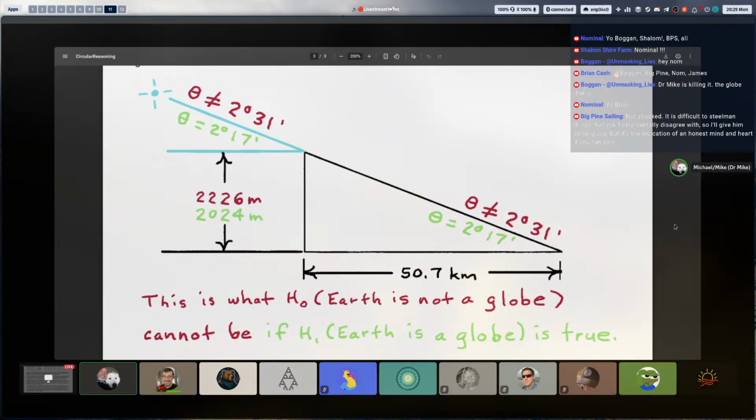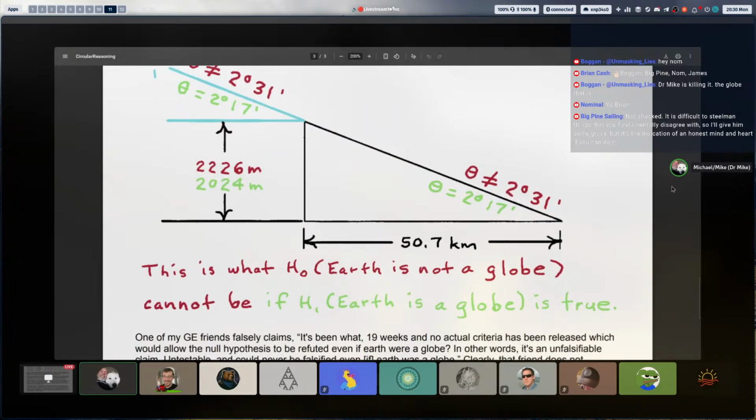And this is my original diagram, I think, from 7 months ago, where I showed the flat Earth expectation versus the globe Earth expectation, and the flat Earth expectation is what this method could not measure if it was true that the Earth is a globe, and yet that's what it did measure without knowing where the observer was, and without any kind of corrections, like the kind that our globe Earth friends are constantly applying to their data to try to say that their data is better than ours.